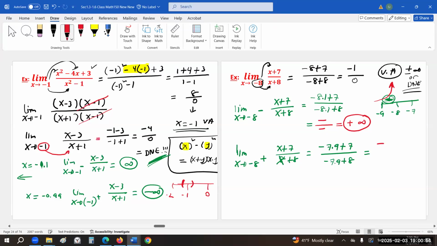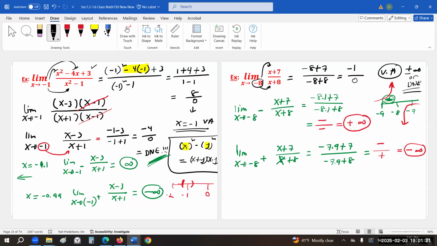So we have a minus on the top, and on the denominator 8 is bigger, and 8 is a plus sign, so plus is bigger. Minus and plus gives us a minus. So we have a negative infinity as our answer on the right side limit. Negative infinity means our graph is going downward. So on the left side, the graph is going upward. The right side, the graph is going downward.